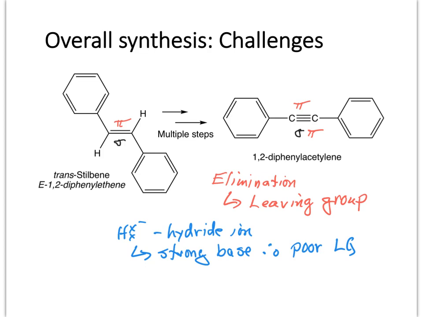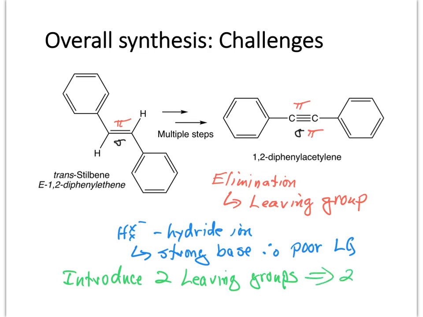So what we're going to do is introduce two leaving groups, so that we can make the two pi bonds needed in the product.